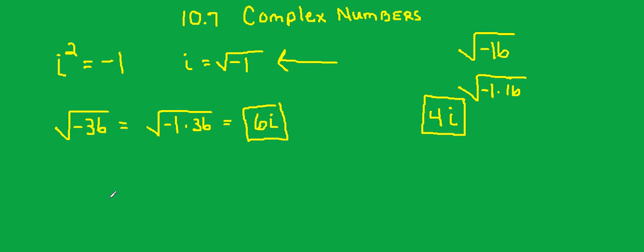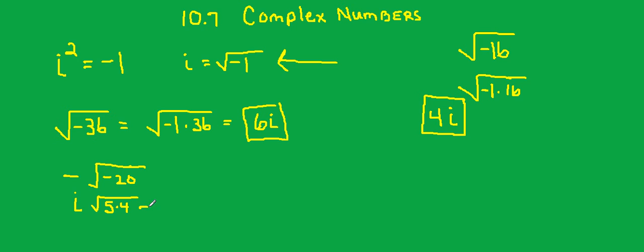I've got one more where I've got to do some factoring, and this would be if I had it negative. This is the third example of the first set. So here I've got the negative of the square root of negative 20. The negative on the outside makes this negative, and the negative on the inside means the square root of negative 1, that's my i, so that i is going to come out front. Then what am I left with on the inside? Let me factor this 20 to be 5 times 4.